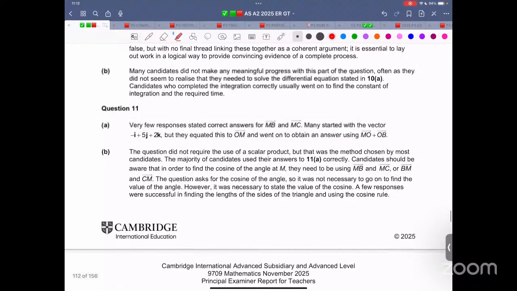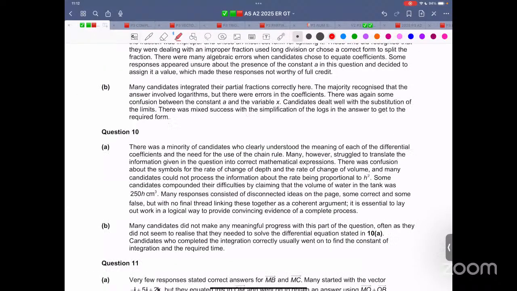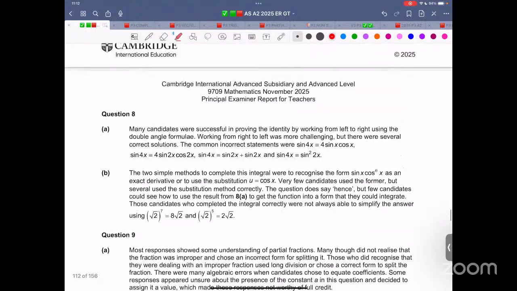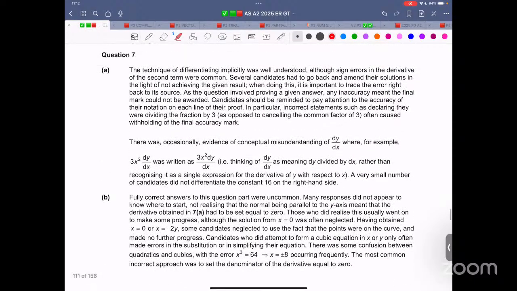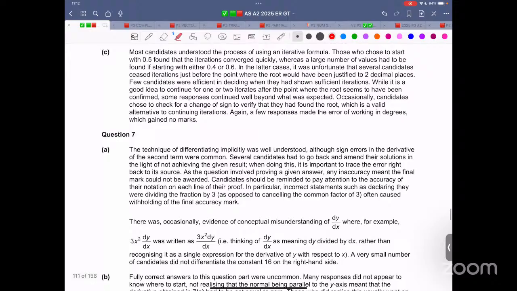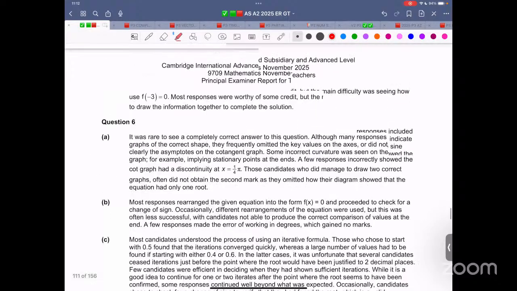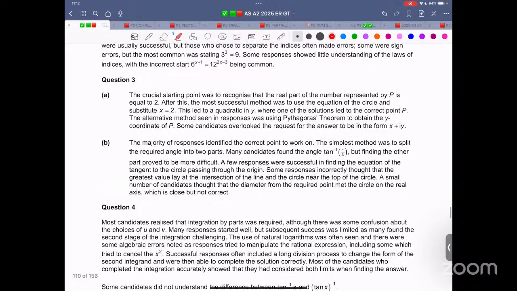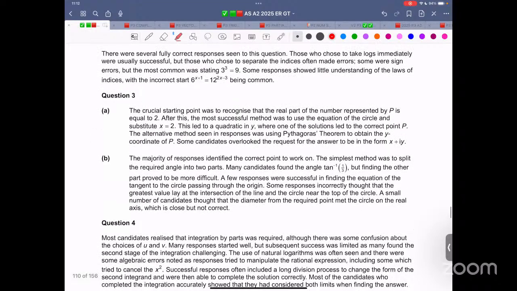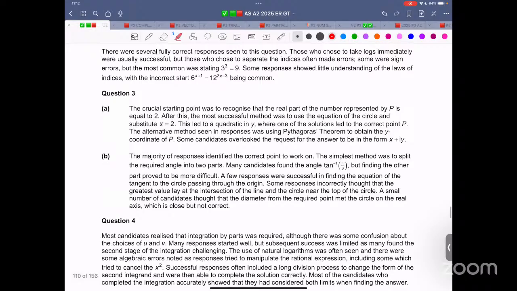So which one is the complex number one? Partial fractions. Okay, I think this is the one.